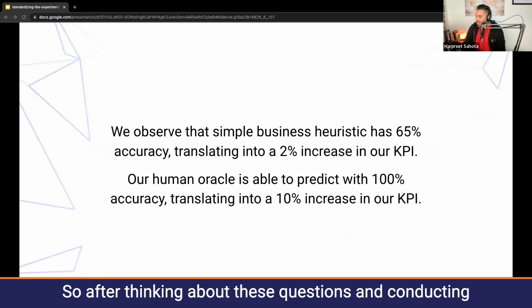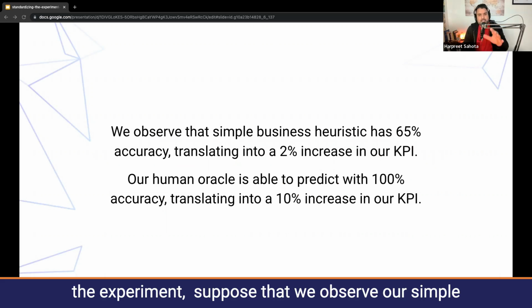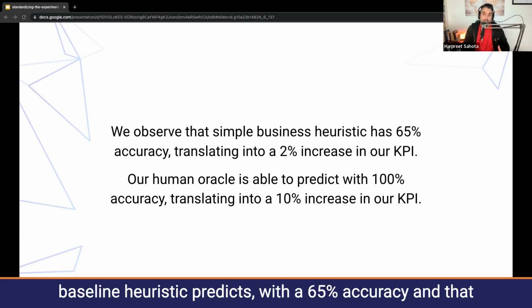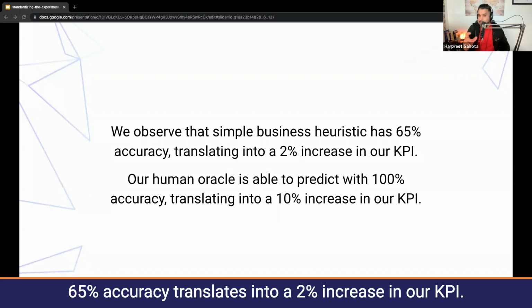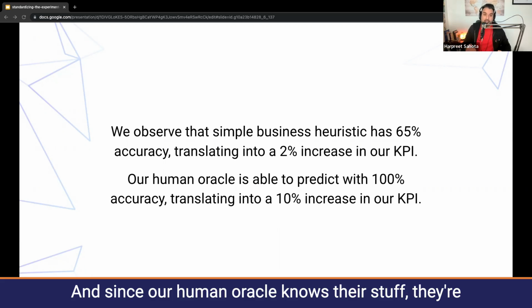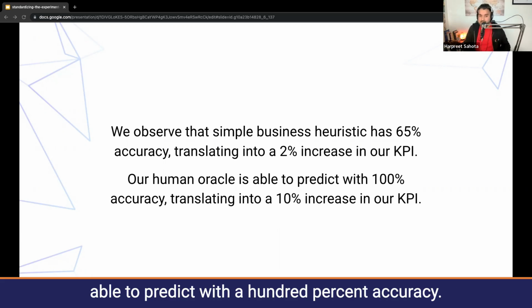So after thinking about these questions and conducting the experiment, suppose that we observe our simple baseline heuristic predicts with a 65% accuracy. And that 65% accuracy translates into a 2% increase in our KPI. And since our human oracle knows their stuff, they're able to predict with a 100% accuracy.